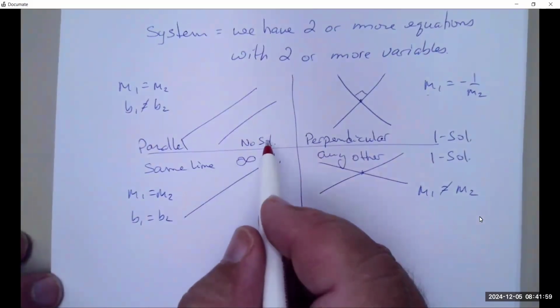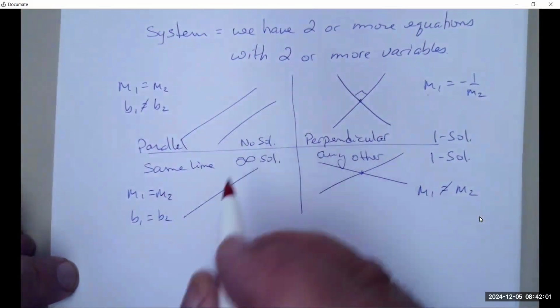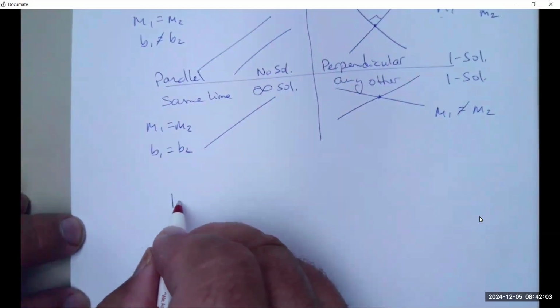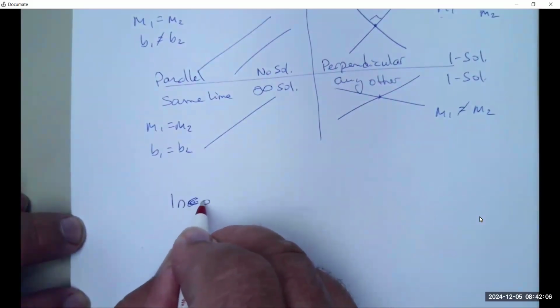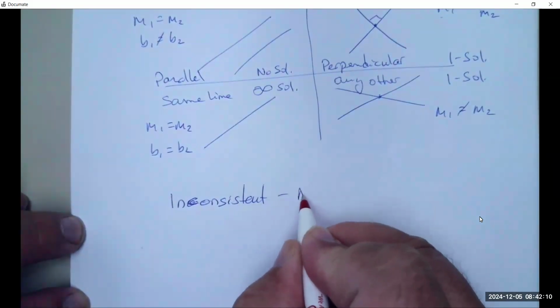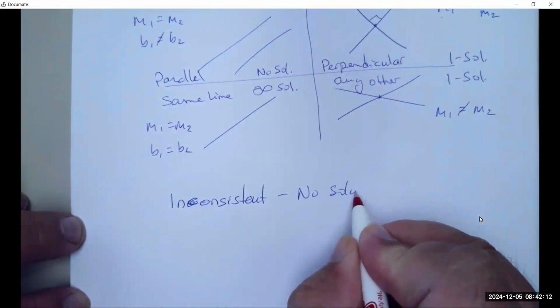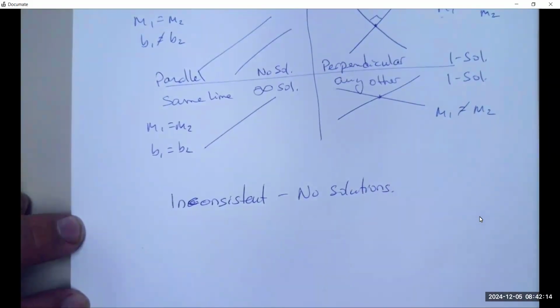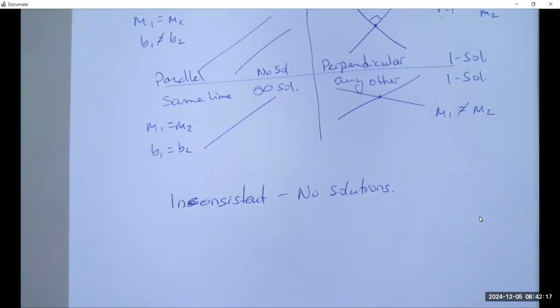Now, if you have no solutions, inconsistent means you have no solutions.